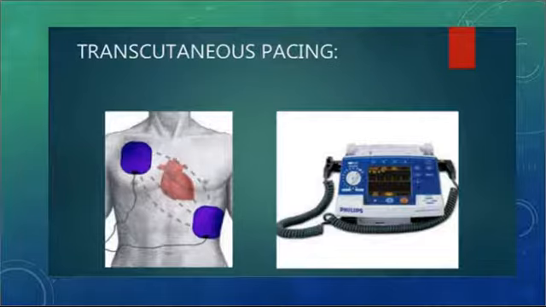You will have it on your code cards. They have pads like your defibrillator pads that you put on, and you have to pace them through the skin. It takes a lot of energy. You have to put the joules up pretty high to get it to go through, but you use it in an emergency to try to get some rhythm and cardiac output to perfuse.